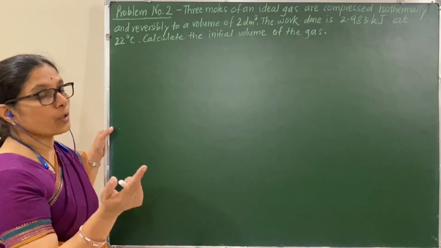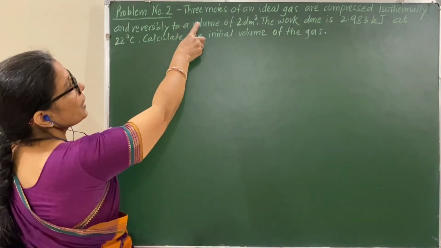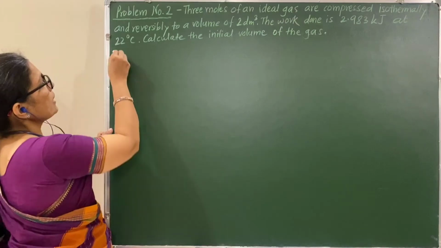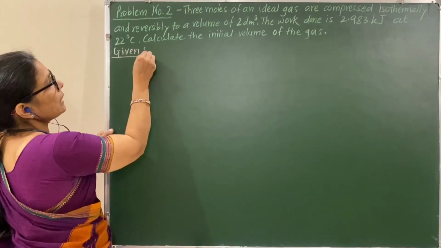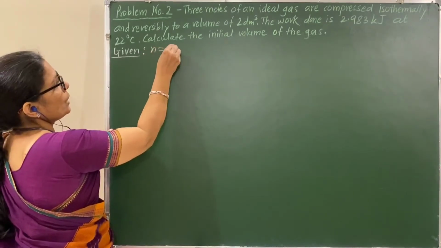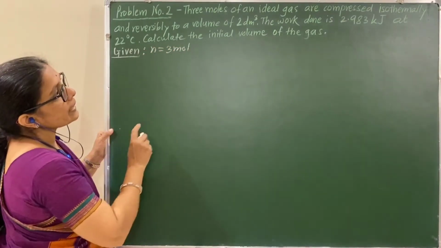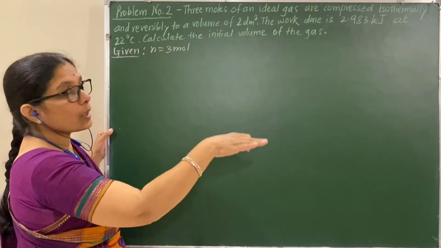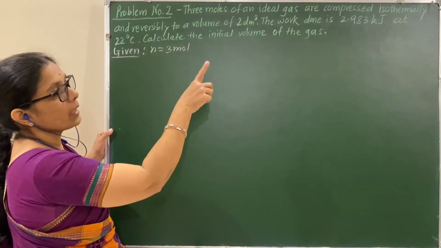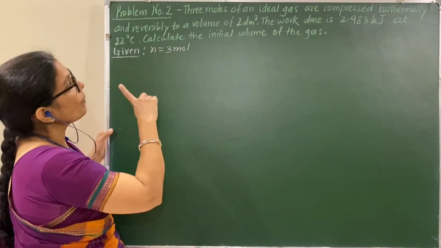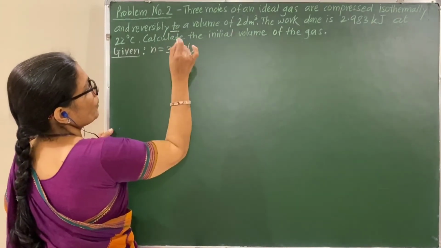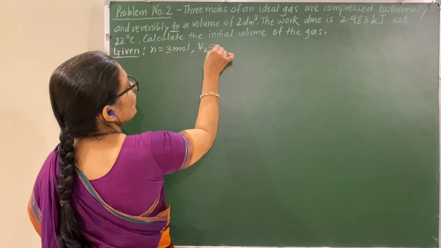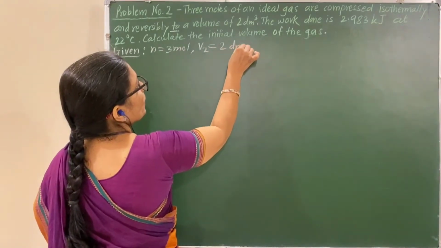Now, the next numerical. 3 moles of an ideal gas are given, n is equal to 3 mole. Next, they are compressed isothermally and reversibly. Compressed, so W is positive. To a volume of 2 dm cube, that is V2 is equal to 2 dm cube.